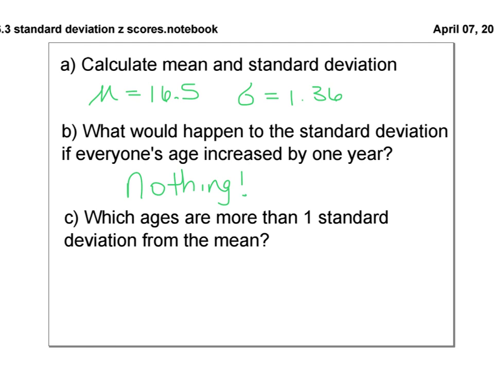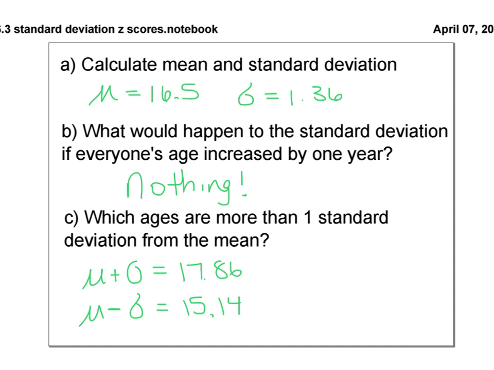And then if we want to know which ages are more than one standard deviation from the mean, we could take our mean, add our standard deviation, and we would get 17.86. And then if we took our mean and subtracted our standard deviation, we would get 15.14.